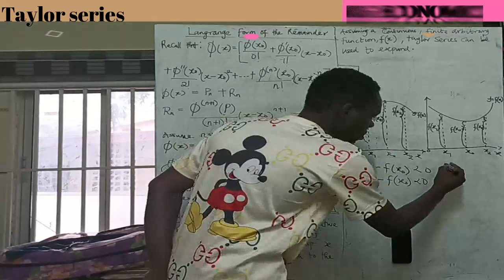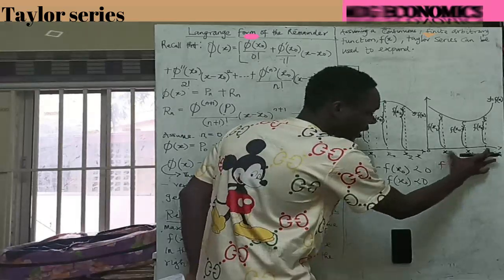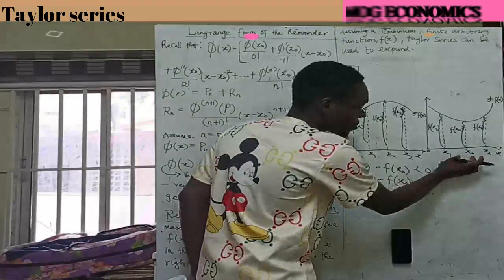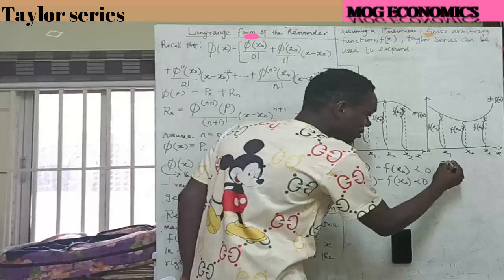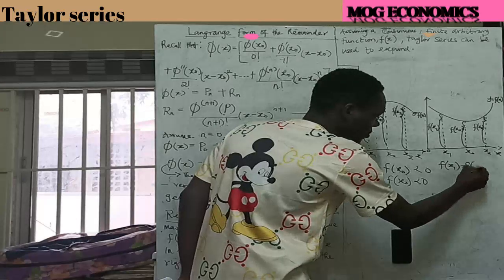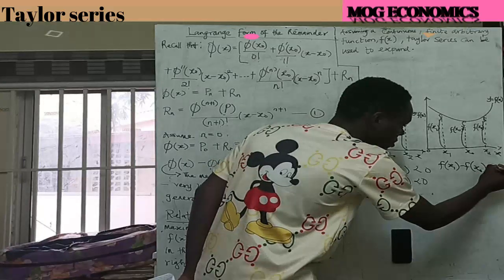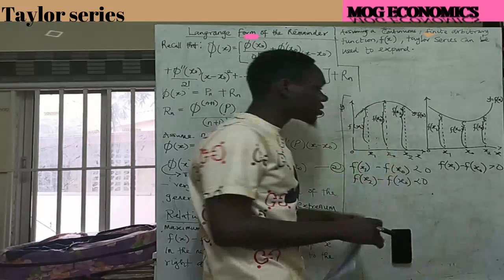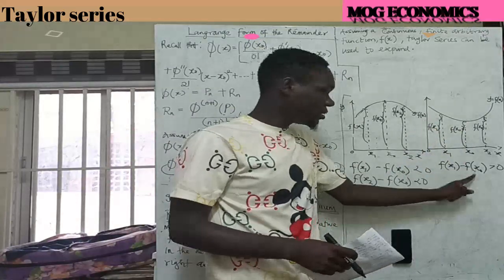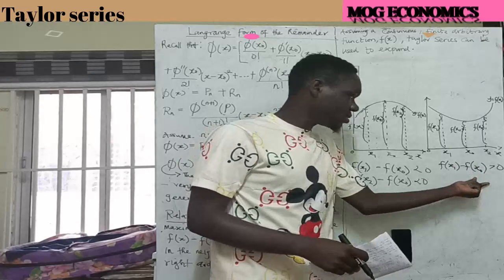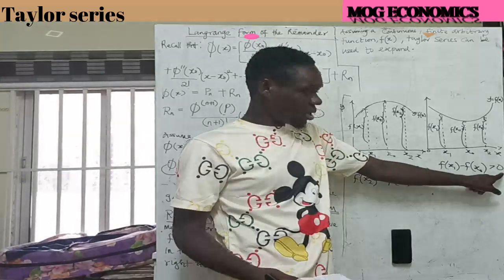If we take the difference and evaluate the function at any point around this value, to the left and to the right, let's start from the left. We notice that the result of the difference is positive, because this value is less than this, so this is bigger than this, so definitely the result will be positive, and that's why here it is greater than 0.